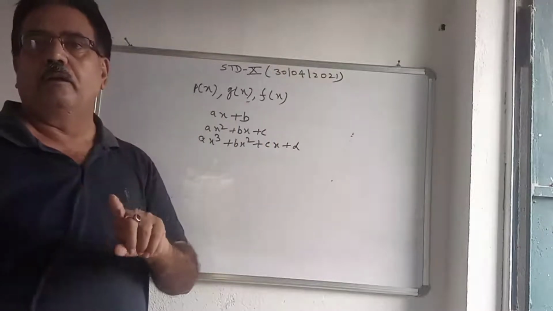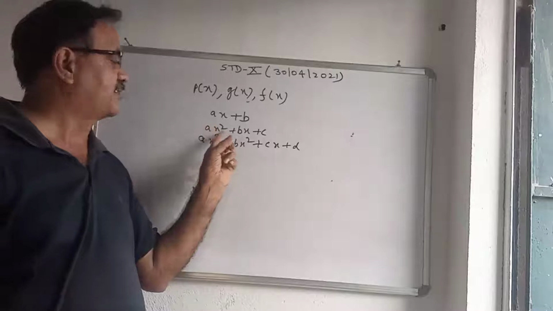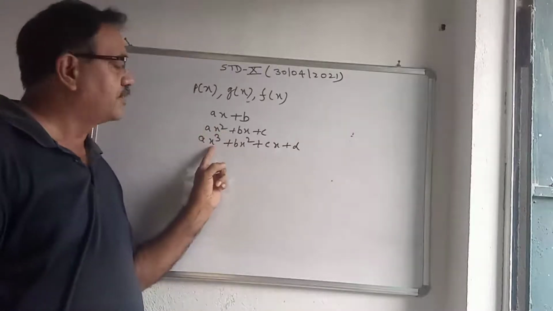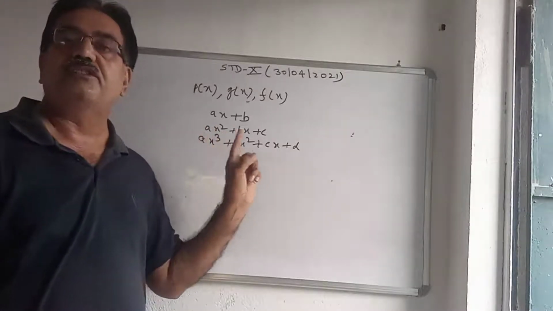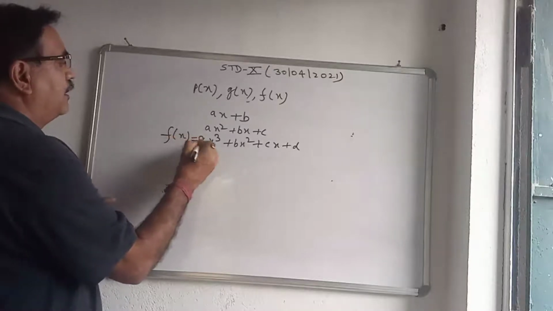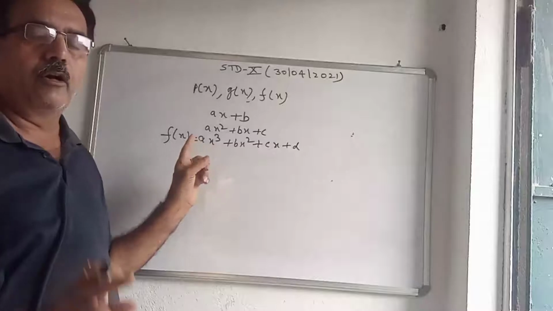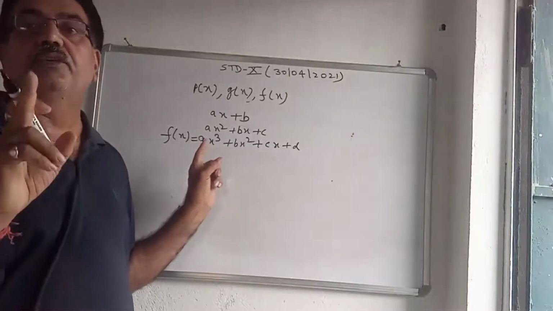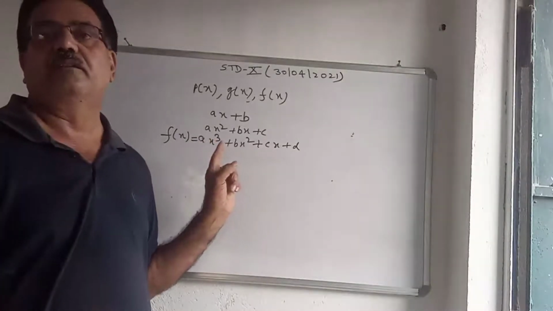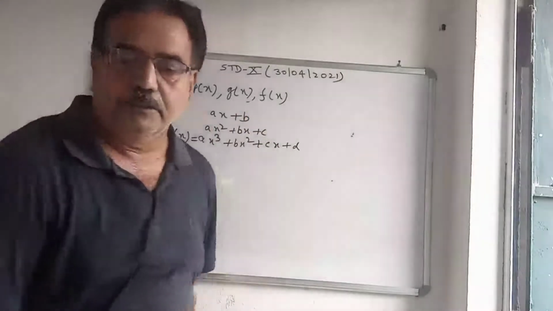While splitting the middle term, we always get 2 values of x. Now x cubed means the degree of this polynomial is 3. Suppose this is f(x). The degree is 3, so when we solve, we always get 3 values of the variable x. This is the meaning of the degree.